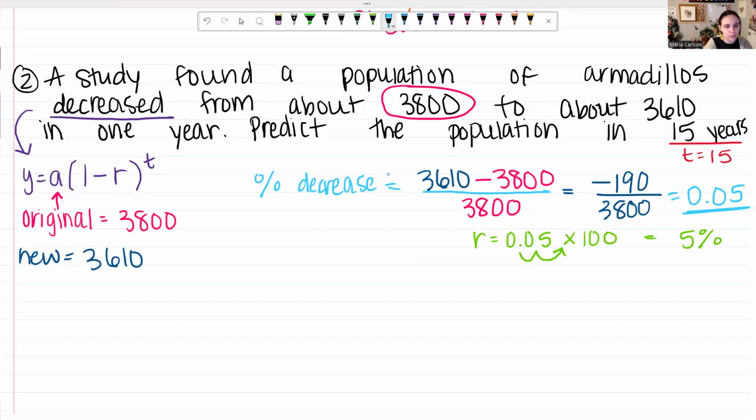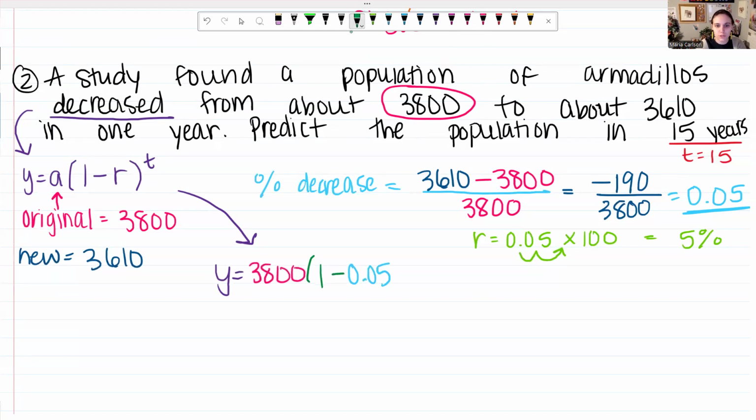So within my formula here, I'm going to write this formula kind of down here. Our population of armadillos is equal to the original amount of 3,800 times 1 minus this rate of 0.05 each year raised to the t power.